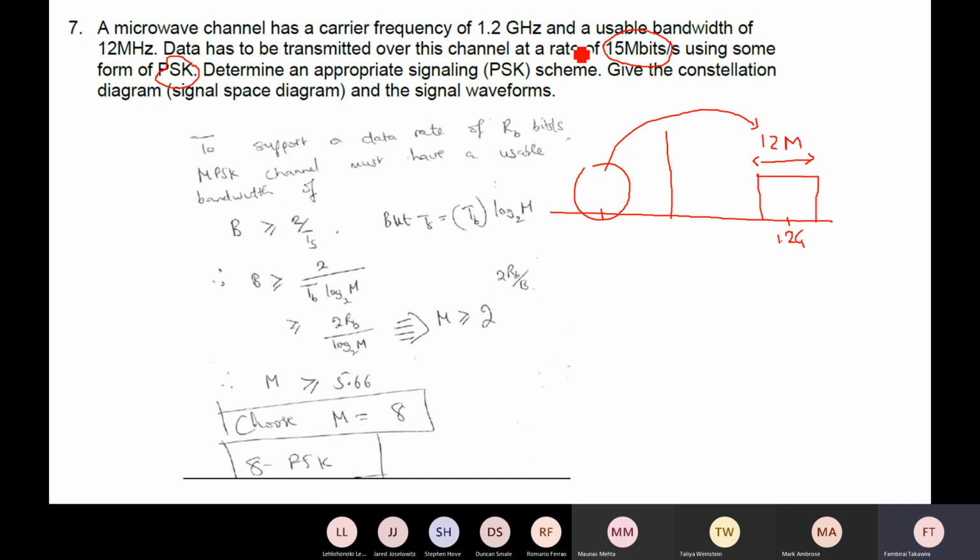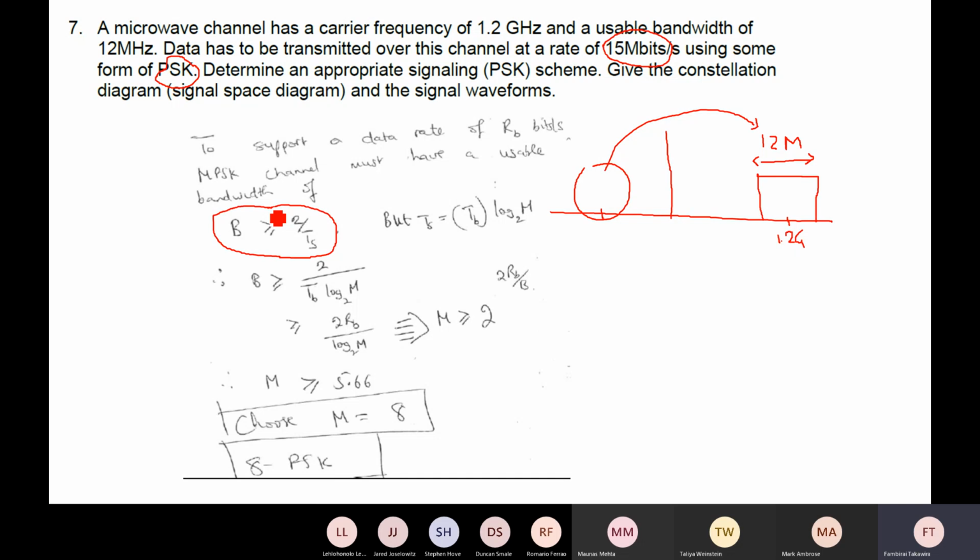Because we know that if we use multi-level signaling, then the required bandwidth is reduced by a factor of log to the base 2 of M, where M is the number of waveforms or the size of your modulation. In fact, the general expression for the bandwidth is that the bandwidth is approximately equal to 2 upon Ts.